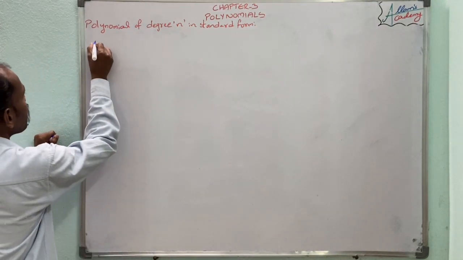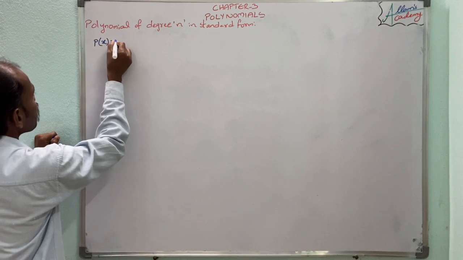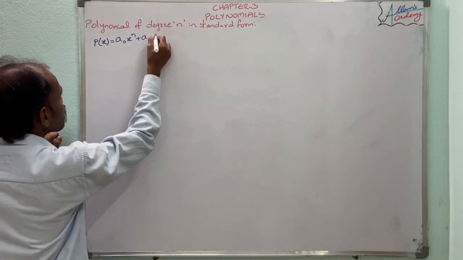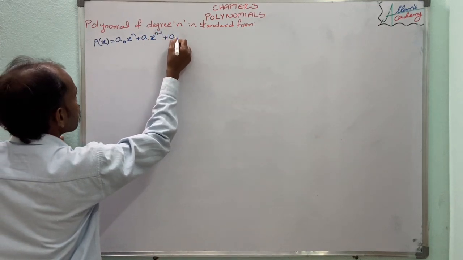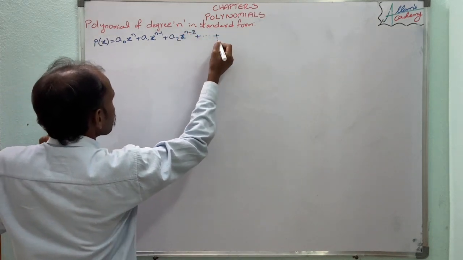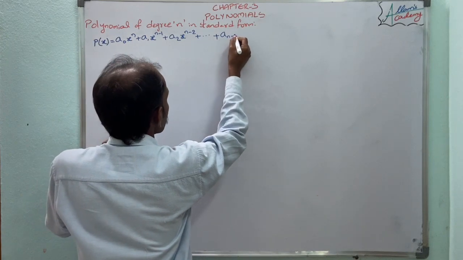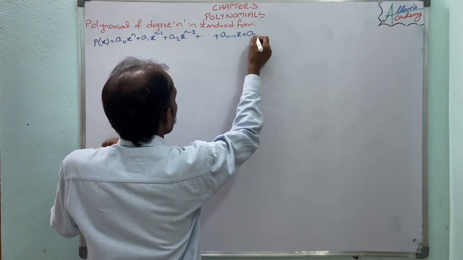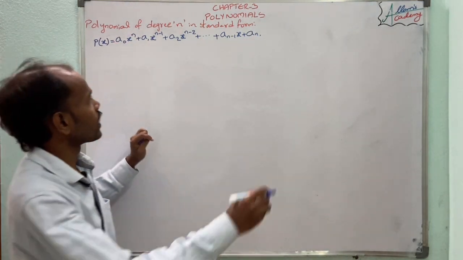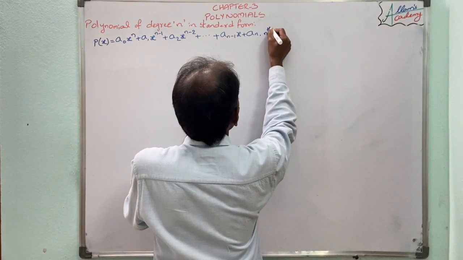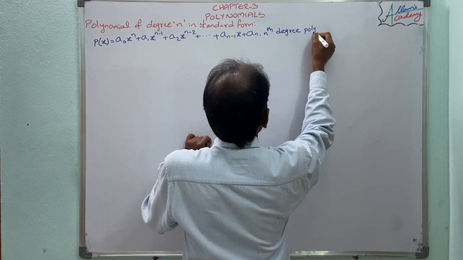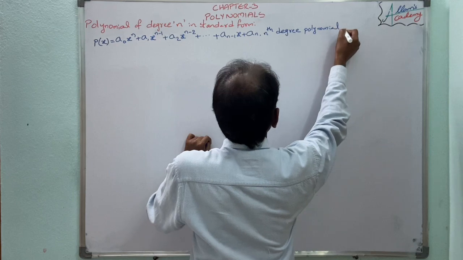So p of x equals a naught x power n plus a1 x power n minus 1 plus a2 x power n minus 2, and so on, plus a n minus 1 x plus a n. So it is an nth degree polynomial.